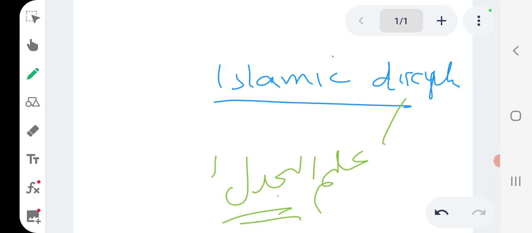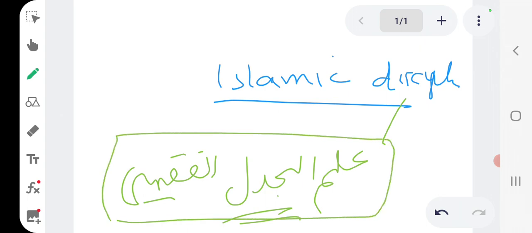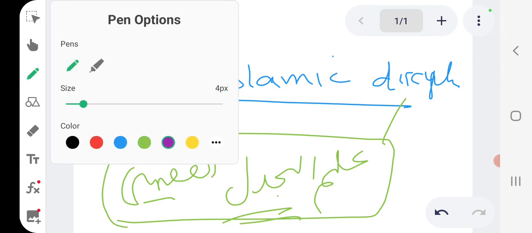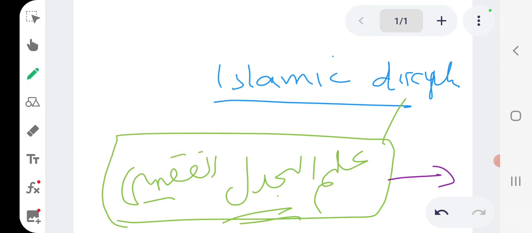Ilm al-Jadal al-Fiqhi is about fiqh, a debate among different fiqhi schools. What people do is take the claims of different schools and try to reduce them to absurd conclusions.